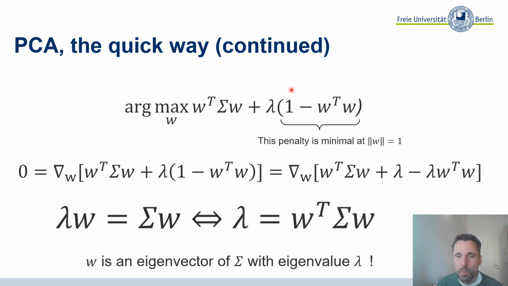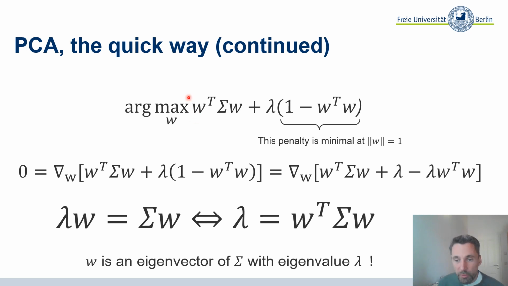So we want this penalty to not hurt our actual optimization criterion. Now, if W is way longer, then this will be negative, and it will hurt this. And if it's too small, well, then obviously this criterion isn't maximum as well. So this ensures that we can actually solve this and find a solution.